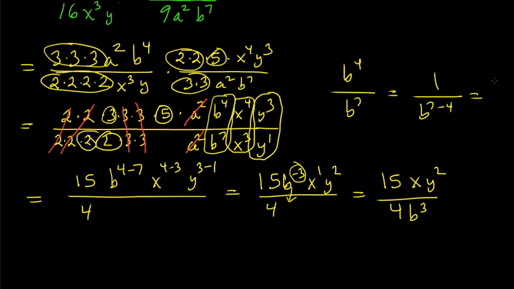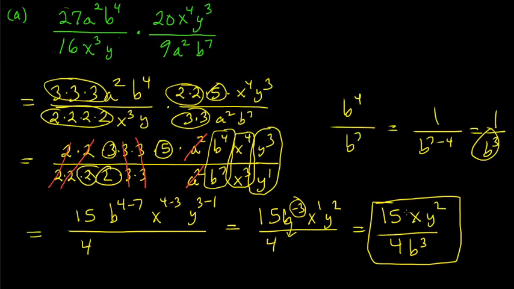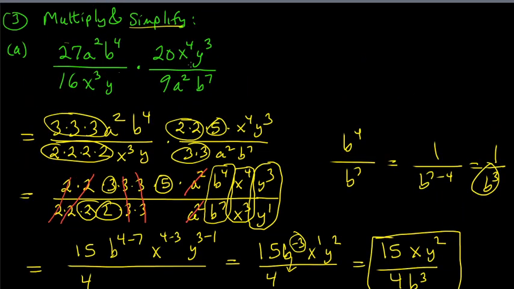But it's 1 over b to the 7 minus 4, which is 1 over b to the 3. Again, just illustrating that the b cubed is in the denominator, not the numerator. But that's it. That's as far as we can go, right? 15xy squared over 4b cubed. All right, so that's part A.